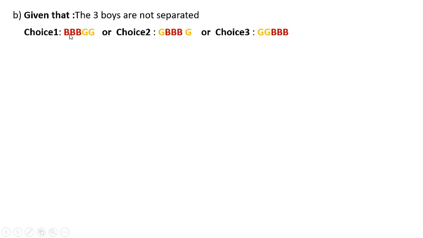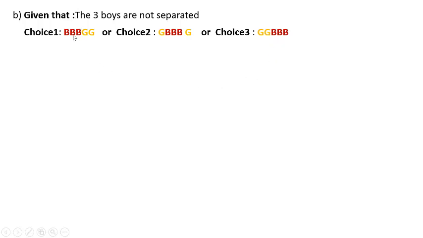Part B. Given that the three boys are not separated, in this situation we have three options. Three boys, then two girls. Second choice, the boys are seated on the middle seats and the girls on the first and on the last. Third choice, girls then boys. Now what about three boys?